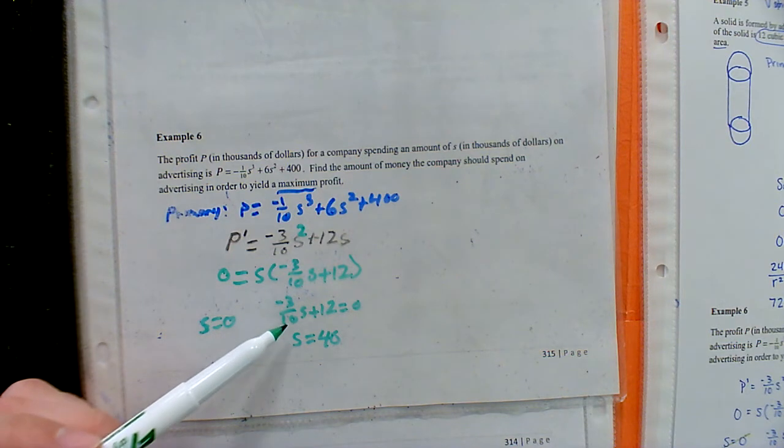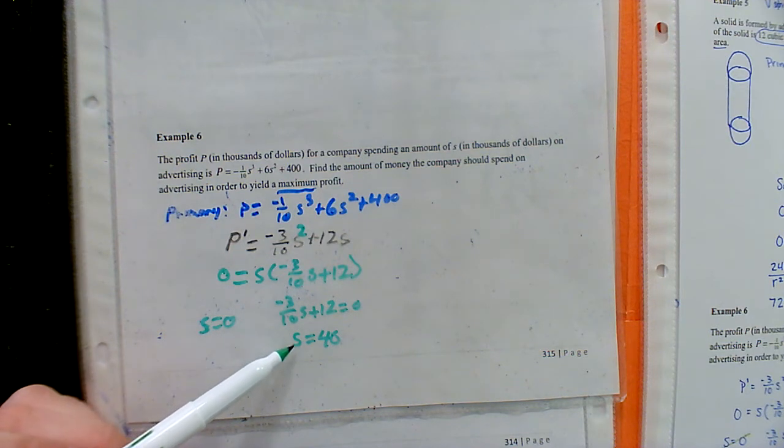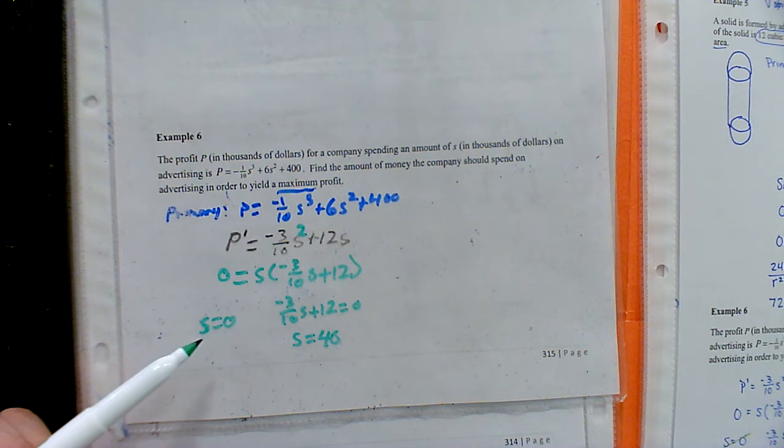I skipped a few steps in the solving, but your final answer, you should have got S equal to 40 and S equal to 0. Did we all get those two?